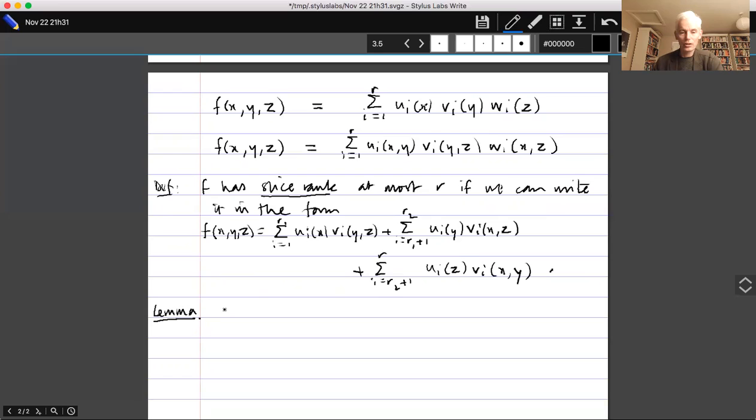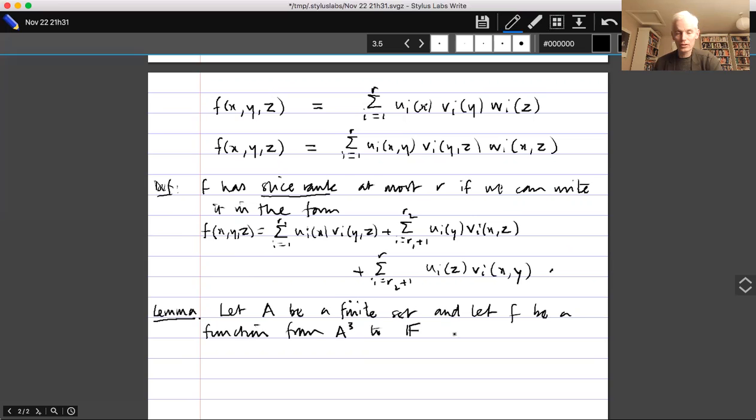So let A be a finite set and let f be a function from A cubed to a field F such that f(x, y, z) is non-zero if and only if x equals y equals z.